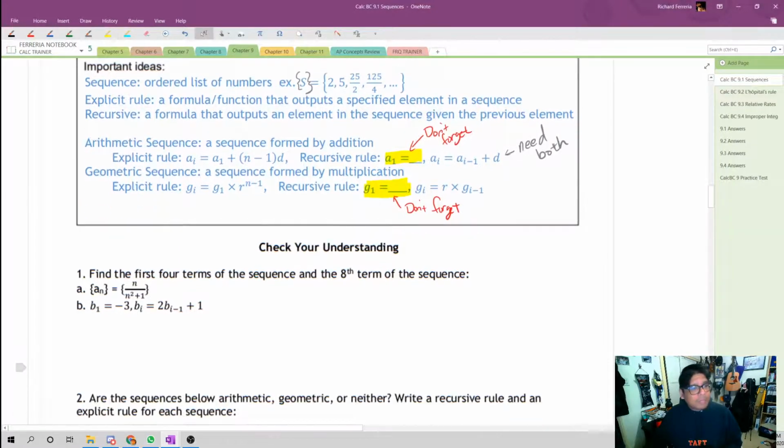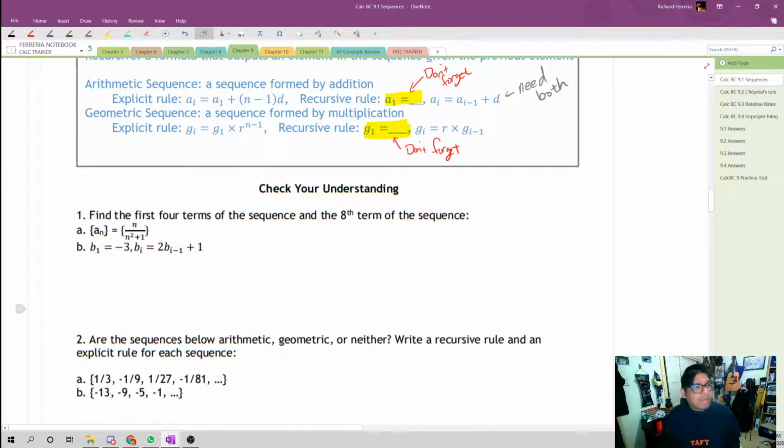Now, Part A: find the first 4 terms of the sequence and the 8th term of the sequence. We've got a_n equals n over n squared plus 1. That's not that big a deal because we have the explicit rule. So the first 4 terms.